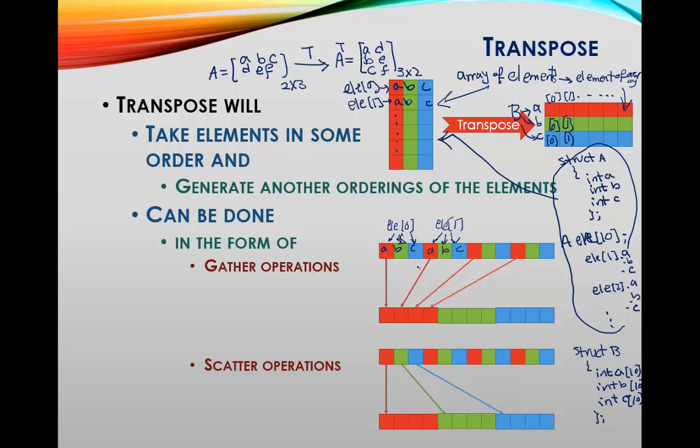If you wanted to perform a transpose on them, you could do it as a gather operation. So that will gather all A's here, gather all B's here, gather all C's here. Or you can create it as a scatter operation. Basically, you take your elements and then you scatter them around.